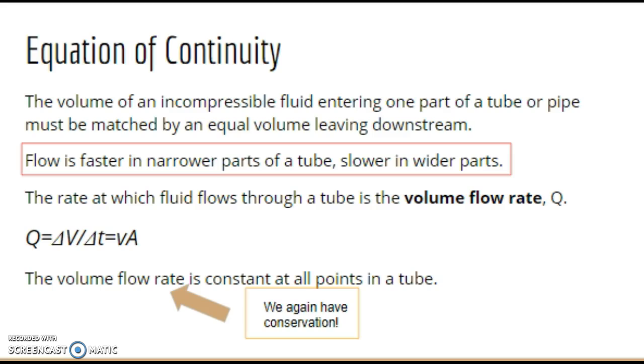So you can either express the continuity equation in terms of velocity and area, which is how the AP exam does it, but you can also express it in terms of delta V over delta T, so the change in volume over that time interval. Both are going to be extremely useful, though just note that the AP formula sheet only presents one of those. So you're going to have to realize that the continuity equation, that's just conservation of flow rate, conservation of mass, so it's equivalent to saying it's the change in volume over that time interval.